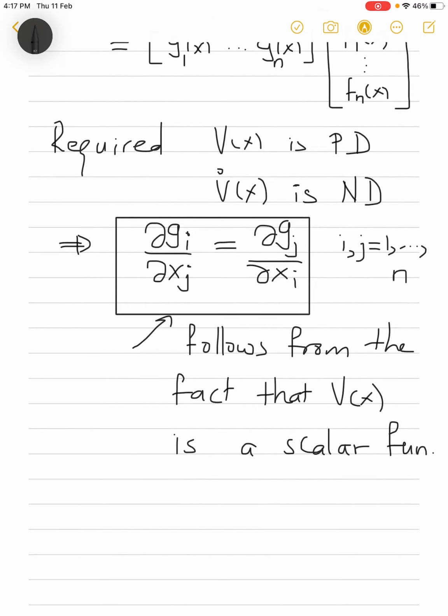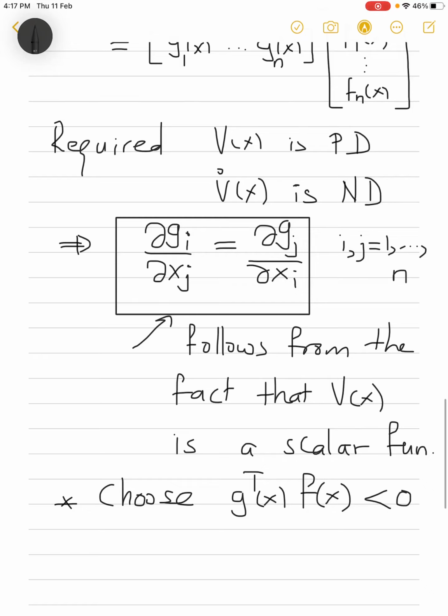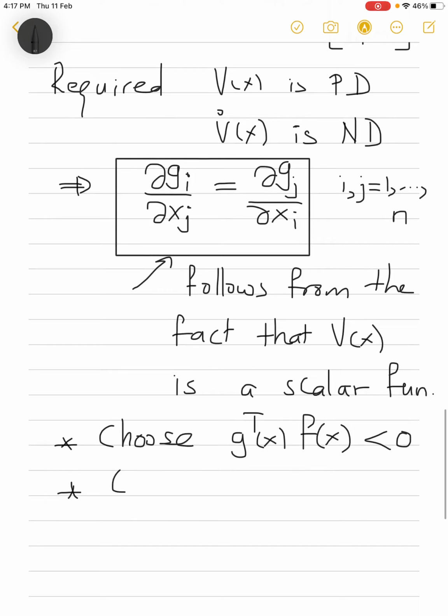So now we would like to choose G transpose x times f of x to be negative definite, and consequently we compute v of x as the integration from 0 to x of G transpose of y dy.